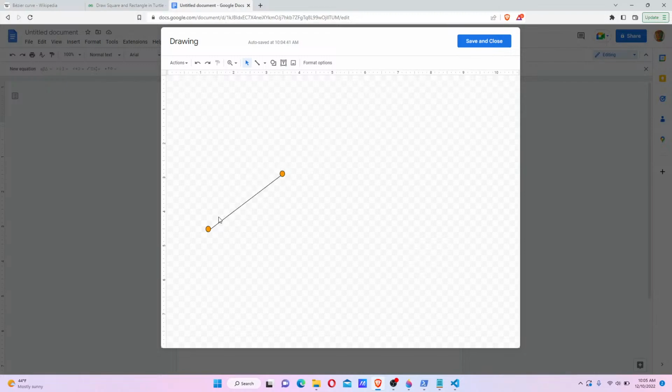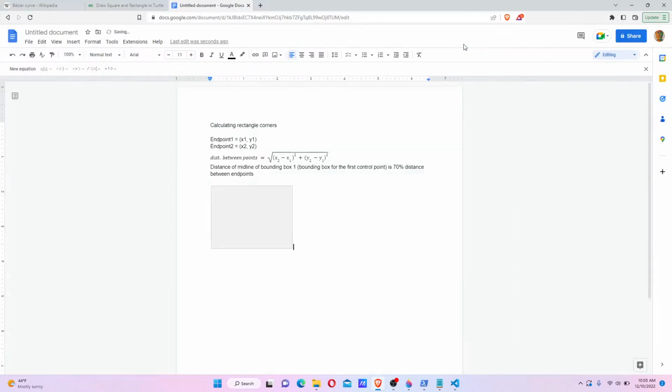So, draw point 1, draw point 2, draw this line between them. Now find that point. That's 30% inside. So, the first thing is the equation of the line between 2 points.